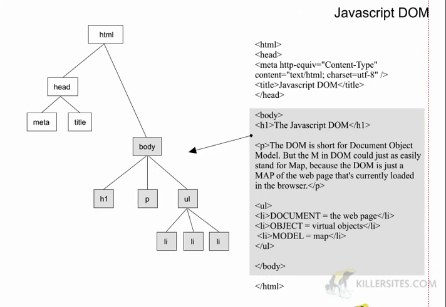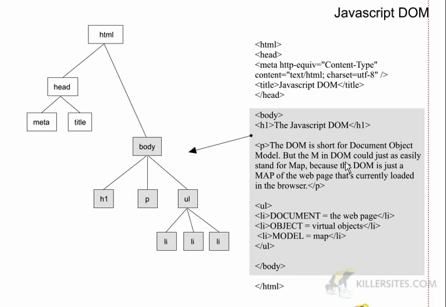Okay, so we have a DOM model here. This is the map model, interchange it. This is our web page that this model represents. So what's the whole point of this? The point is that a map, like a city map that you use to get around town, the DOM map allows you to get around the web page using JavaScript.